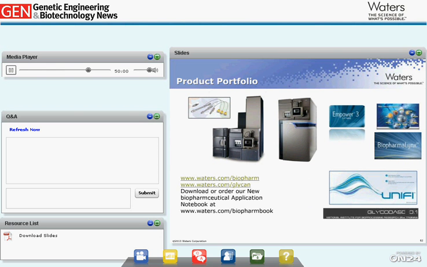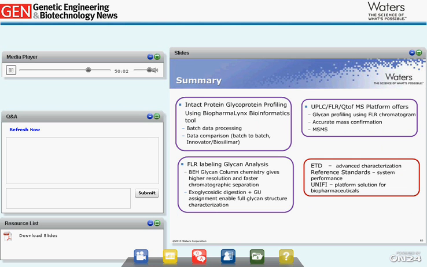So in summary, we talked about Waters' solution for glycoprotein characterization: intact protein glycoprofiling using the BiopharmaLynx bioinformatics tool, which allows scientists to do batch data processing and data comparison, for example, batch-to-batch and innovator-biosimilar.